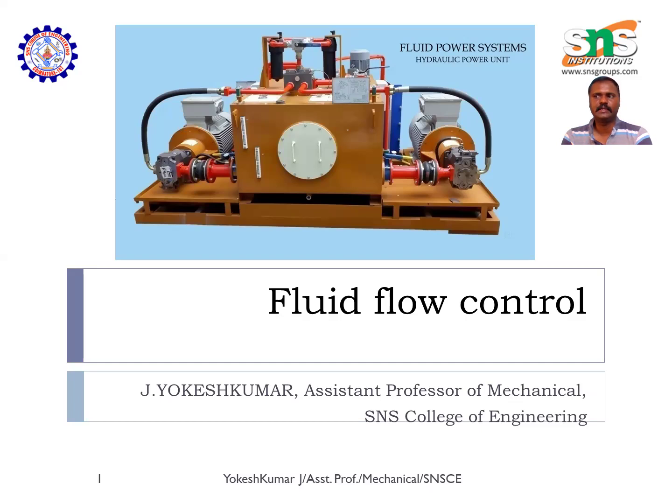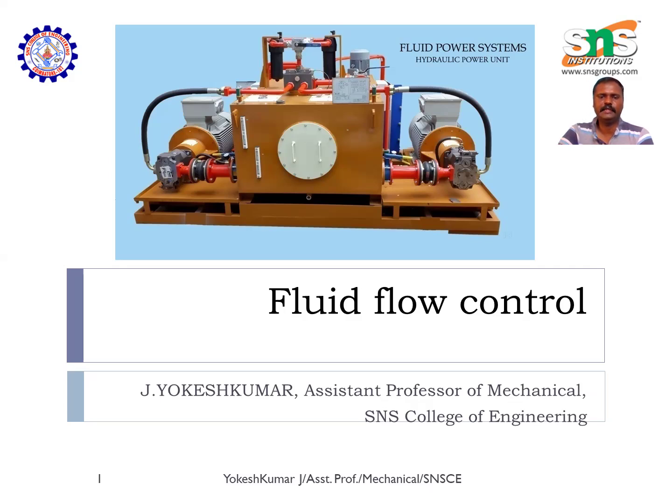So this is nothing but the movement of fluid molecules over a certain distance with respect to the time period. So there are two parameters. One is the quantity of fluid transferred and another one is time. Since this is directly related to the velocity, we can control the velocity of the fluid by controlling the flow rate of the fluid.